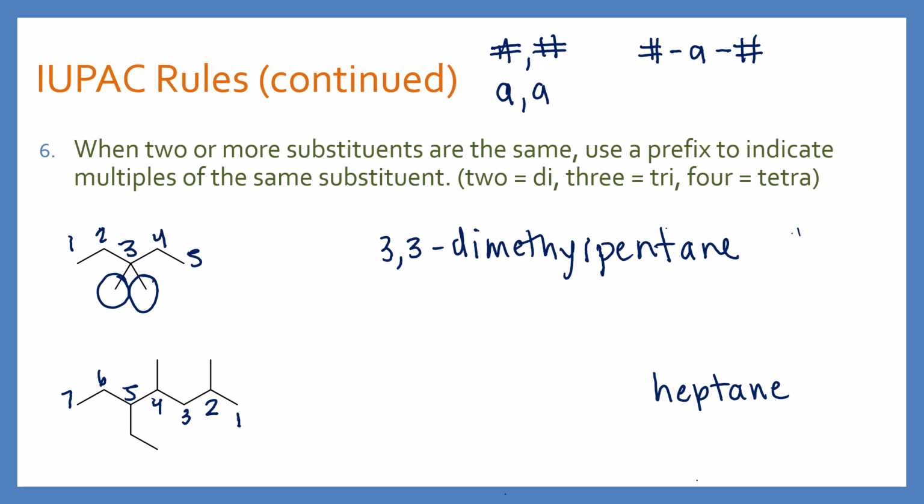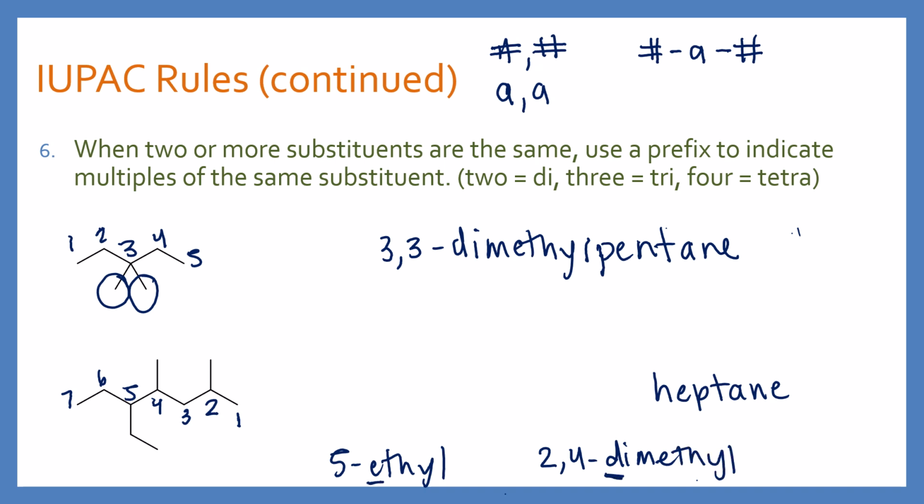Now let's list out our different substituents here so that we can make sure that we're alphabetizing them correctly. So on my 5th carbon, I have an ethyl substituent. That's going to give me 5-ethyl. And then on carbons 2 and 4, I have methyl groups, and they are identical to each other. So I need to use dimethyl. 2,4-dimethyl. Now here's the tricky thing.